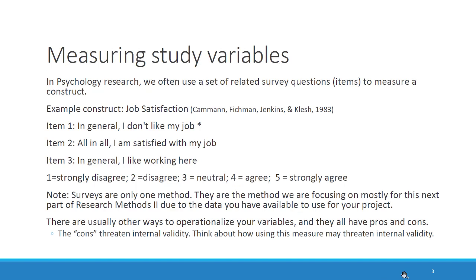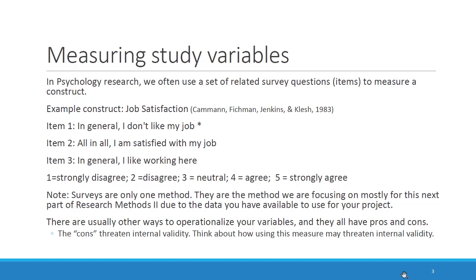In psychology research, we often use a set of related survey questions, also called items, to measure a construct. Here's an example construct for you, job satisfaction. And one particular job satisfaction measure contains 3 items or 3 questions to measure job satisfaction. Question 1 is, in general, I don't like my job.